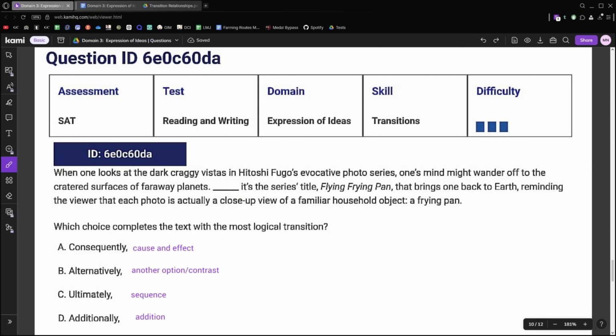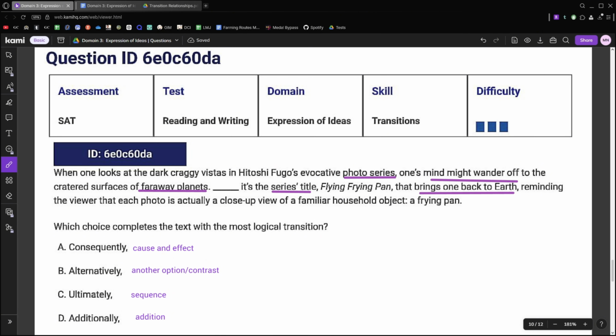Blank, it's the series title, Flying Frying Pan, that brings one back to Earth, reminding the viewer that each photo is actually a close-up view of a familiar household object, a frying pan. So before the blank, we're talking about how these pictures might make your mind wander off to faraway planets. And then after the blank, it's talking about how the series title brings you back to Earth.